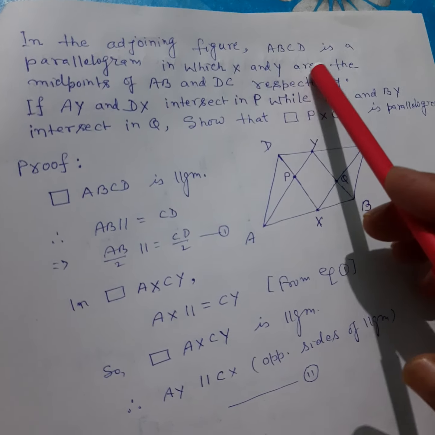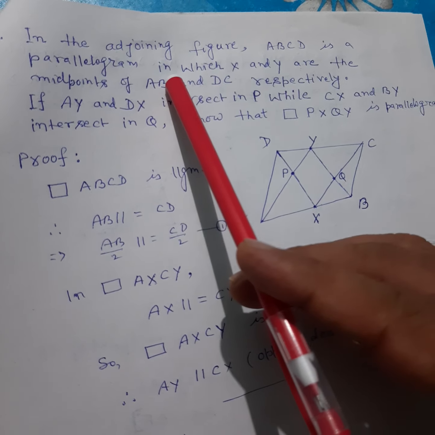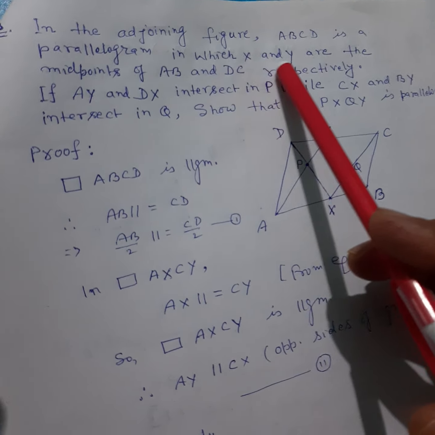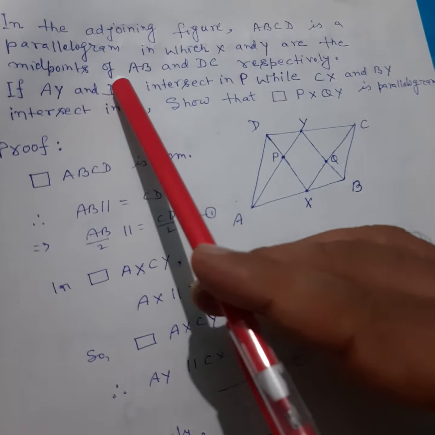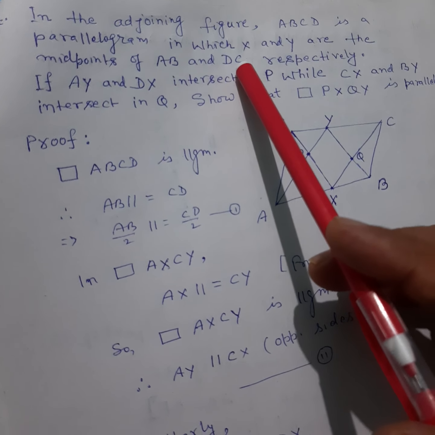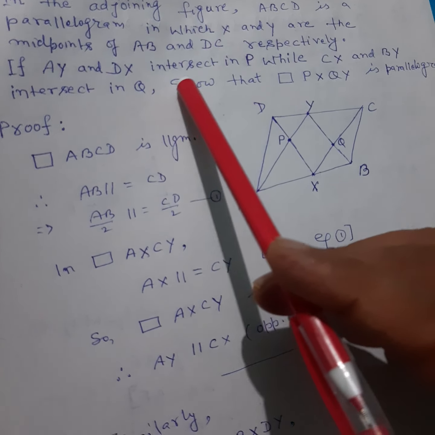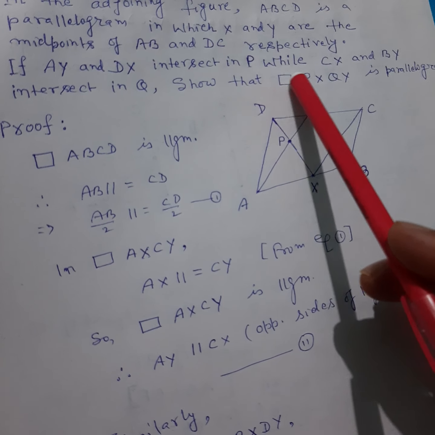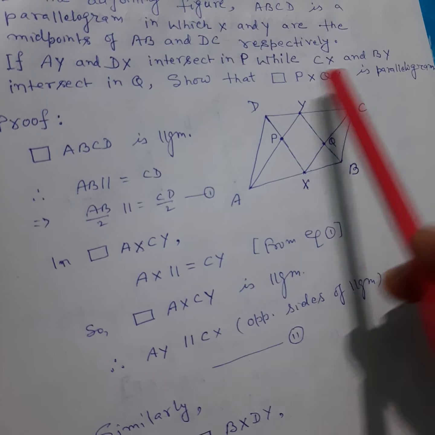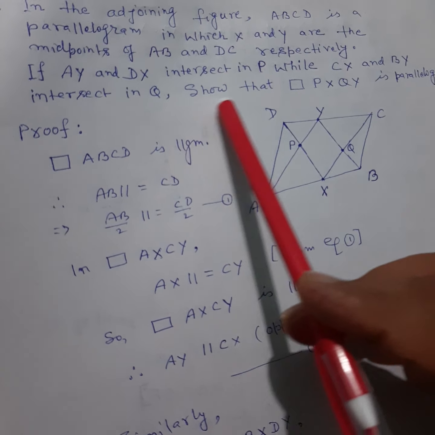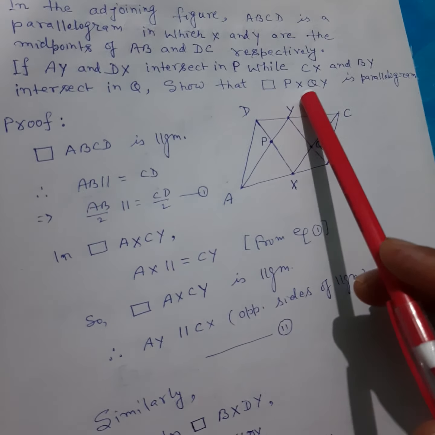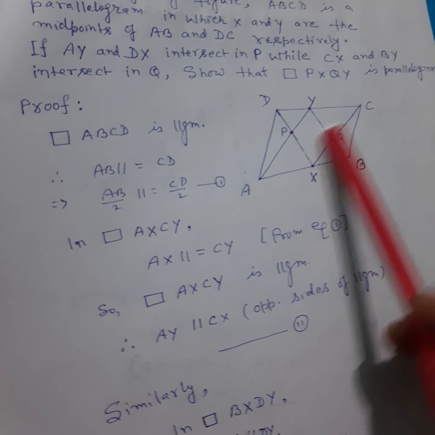In the joining figure, ABCD is a parallelogram in which X and Y are the midpoints of AB and DC respectively. If AY and DX intersect at P while CX and BY intersect at Q, prove that PXQY is a parallelogram.